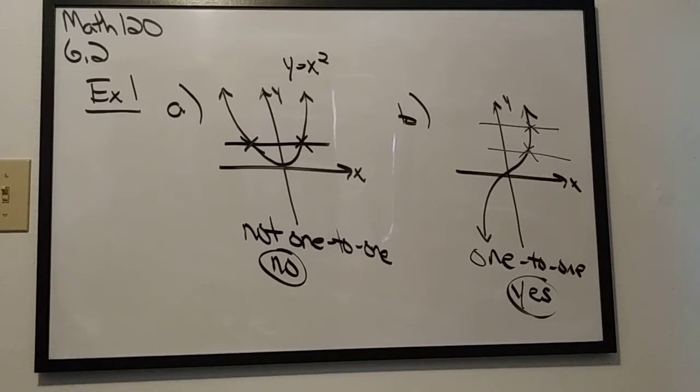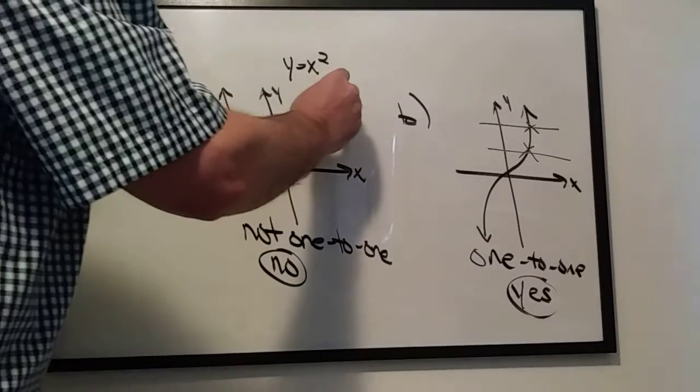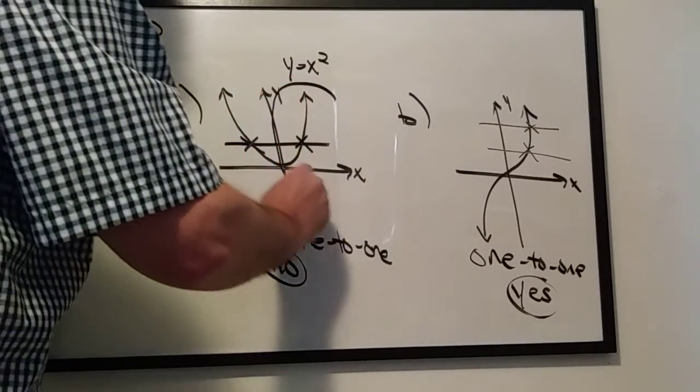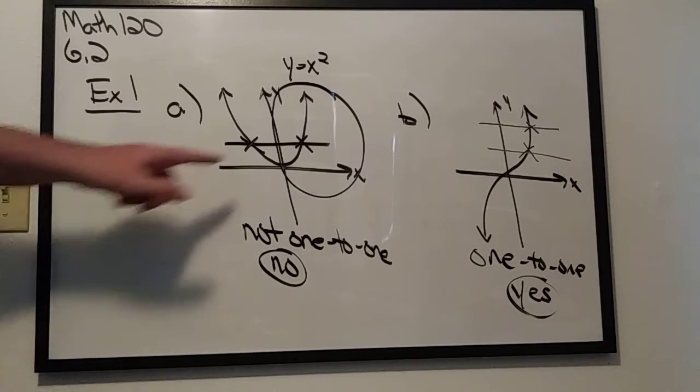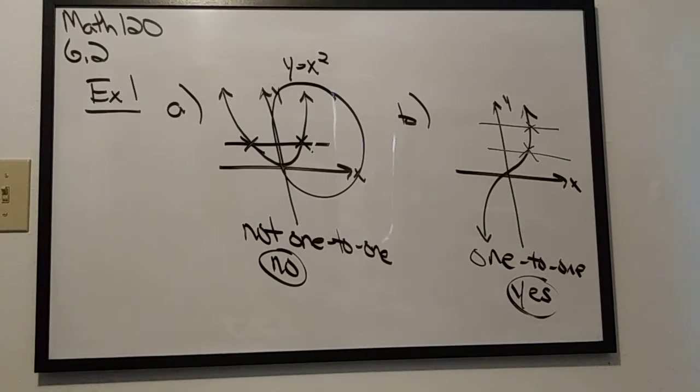So if you look at this for a bit and you think about it, there are two reasonable ways of moving forward. So one reasonable way of moving forward is to say that we're only going to focus in on the right-hand half of our parabola. If we ignore the rest of that parabola, then this right-hand half is actually going to pass the horizontal line test.